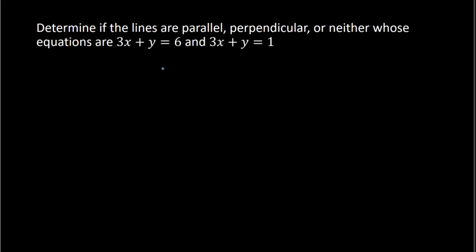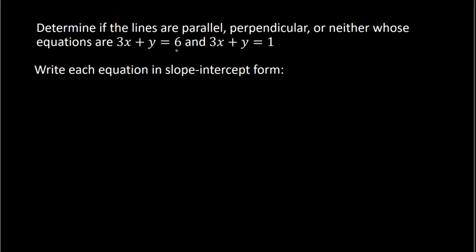So what we must do is rearrange this into slope-intercept form so that we can very quickly see what the slope is. Looking at this first equation, 3x plus y equals 6, I need to get y by itself so that it looks like y equals mx plus b. So I can bring the 3x to the right side, and I do that by subtracting.